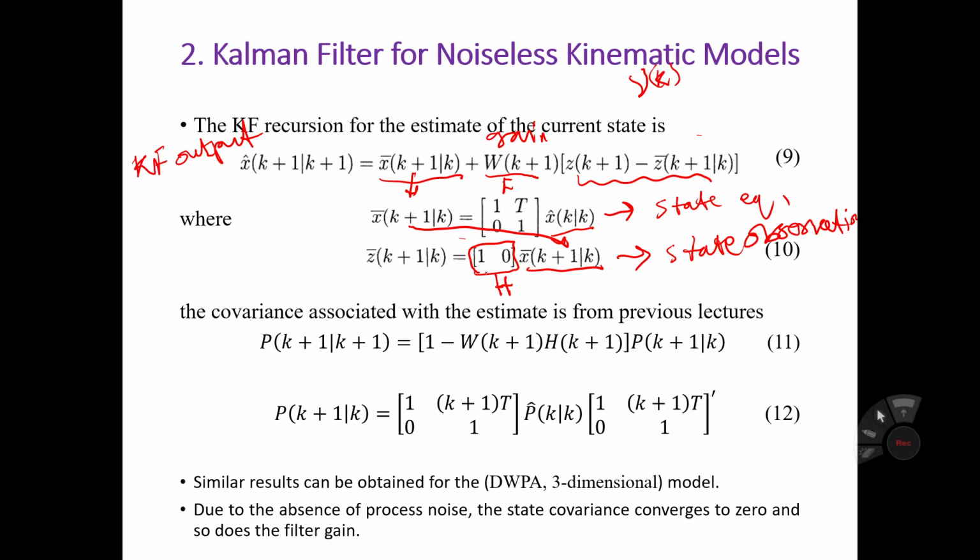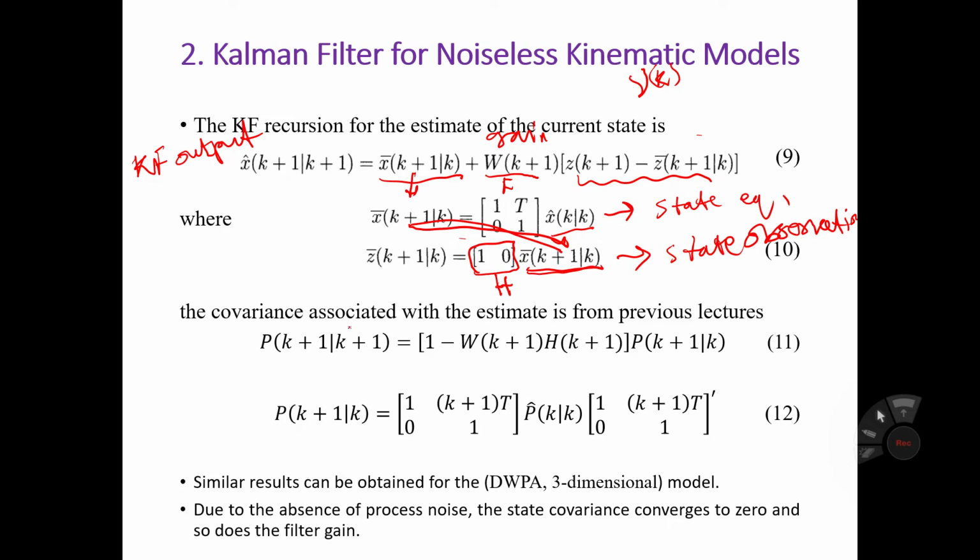This 2 by 4 matrix is multiplied with the initial predicted state, and it will give you a state observation of the previous scan.